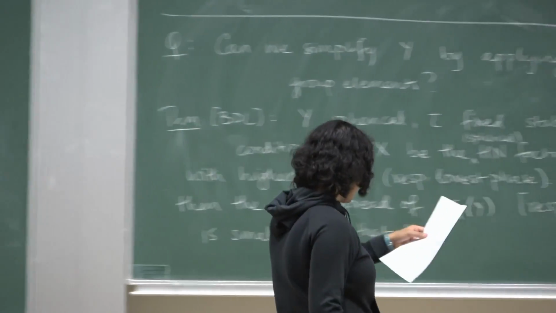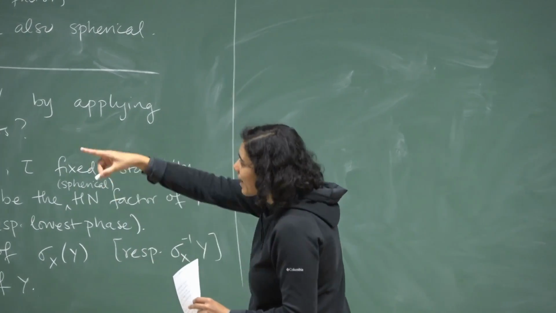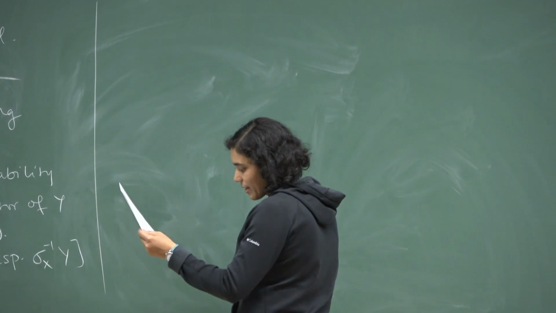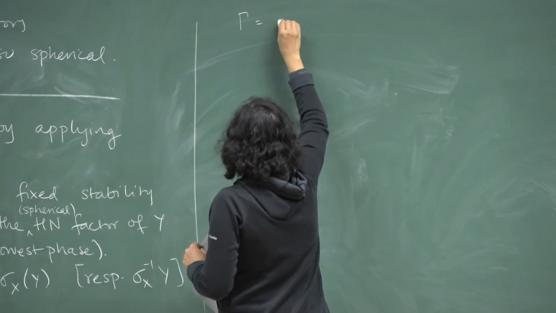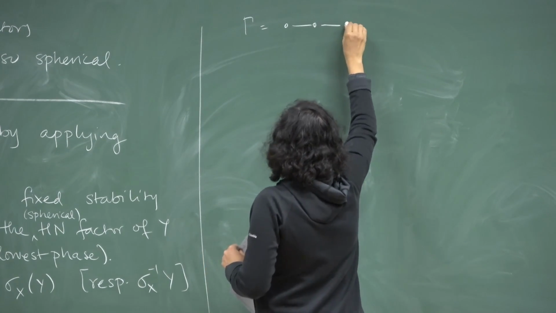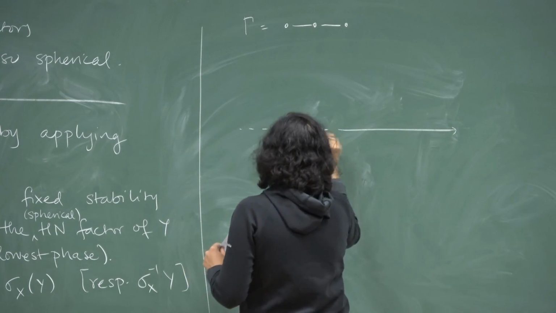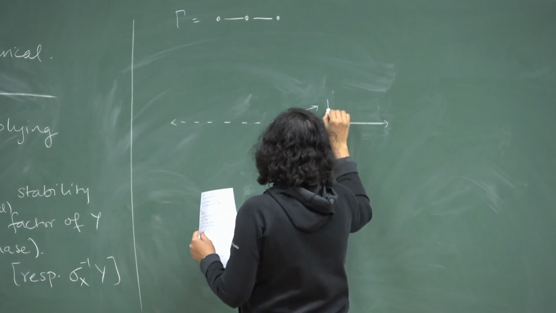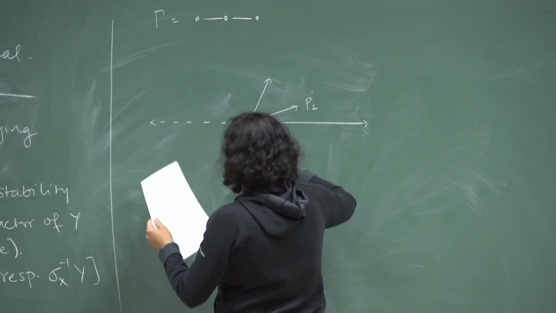I'll give you one picture, which is slightly more complicated than the one I drew there, just to give you an idea of what kinds of things happen. So here's a picture for gamma equals A3. Again, I have to get the lengths and phases right, otherwise it won't work out.